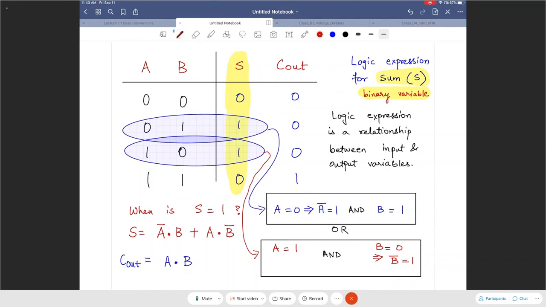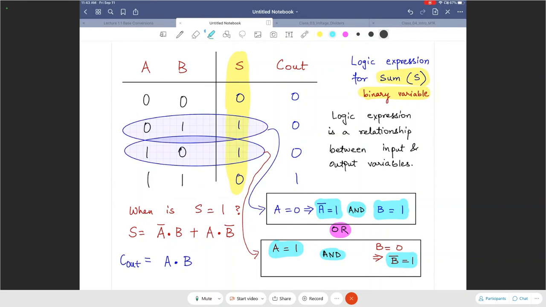So you see what we did here. We said A complement is 1 and B is 1. Or the other way the sum can be 1 is A is 1 and B complement is 1. Now, both these conditions only go for the places where sum is 1. So what we get as a logic expression is actually called a sum of products expression.